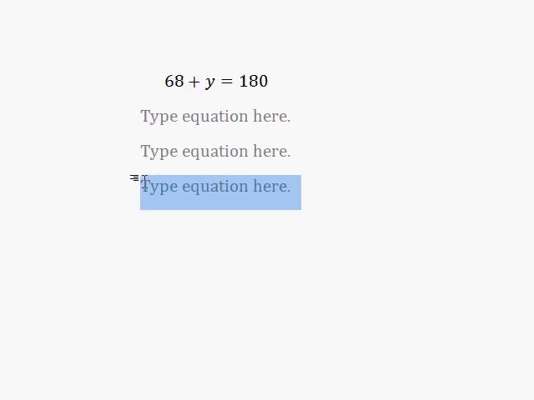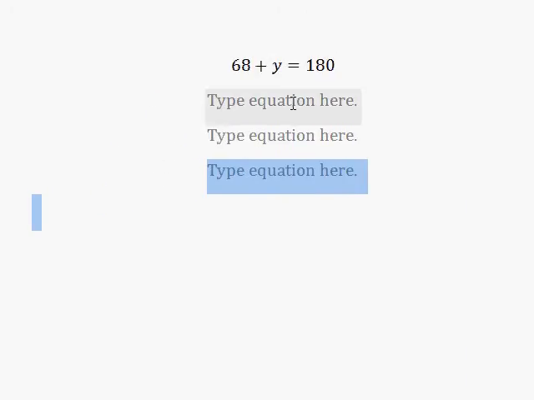And so it's just a very simple sum from here. 68 plus Y is equal to 180. I don't want to know what 68 plus Y is equal to, I want to know what just Y is equal to. So to get rid of this 68, I need to subtract 68.